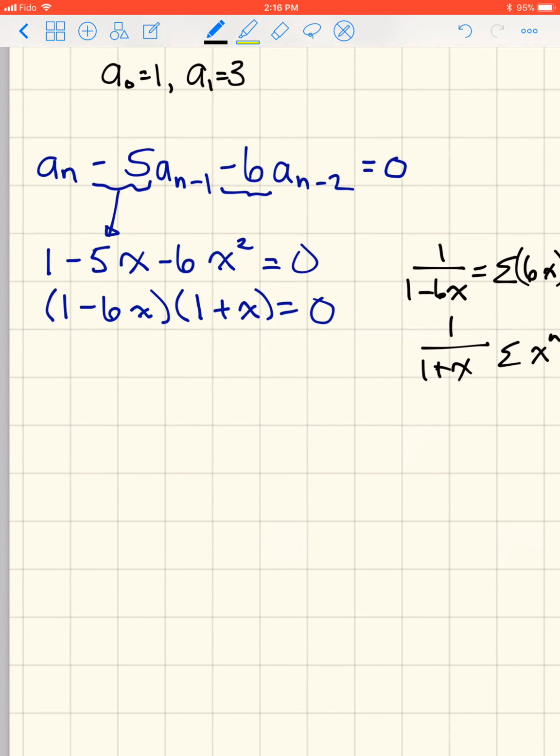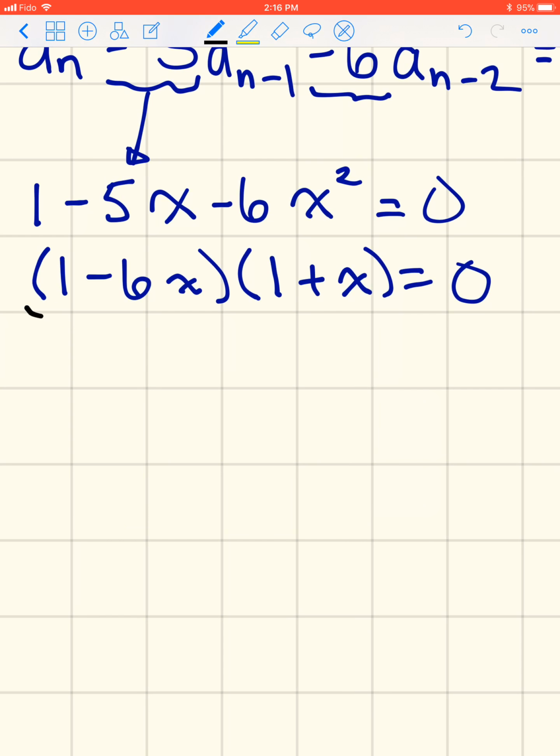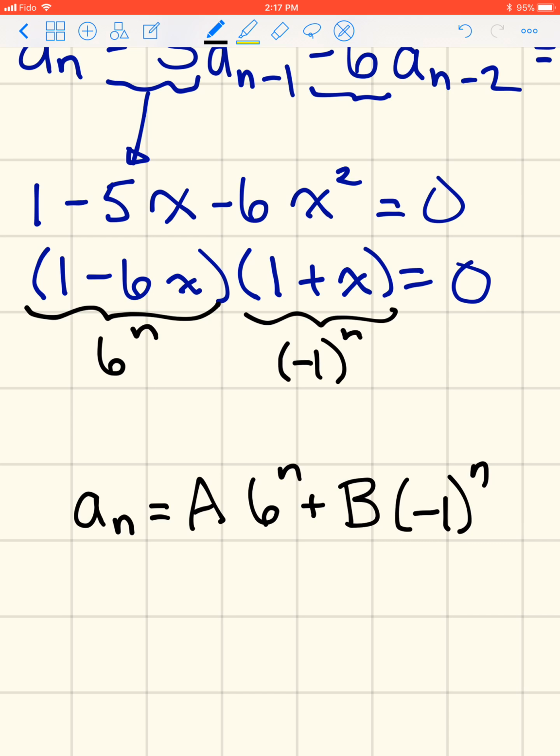So we're using the form of this, which is 6 to the n, and the form of this, which is (minus 1) to the n. I forgot the minus 1 because it was plus, not minus. So we can write a_n as being dependent on 6 to the n and (minus 1) to the n. It's going to be some combination of them, and we don't know what those are, so we have to put an A and a B.